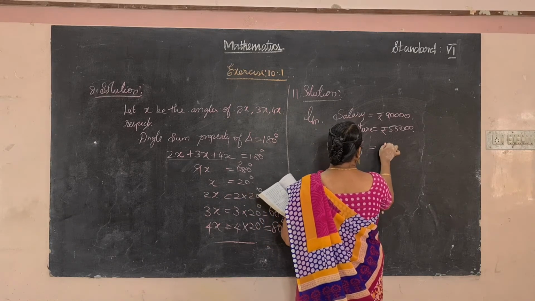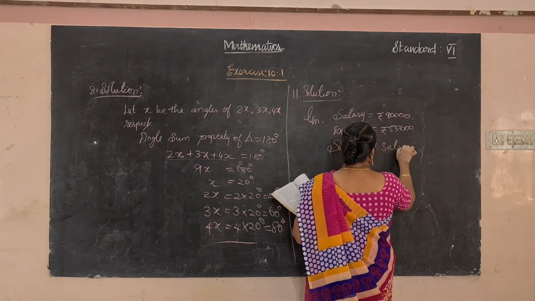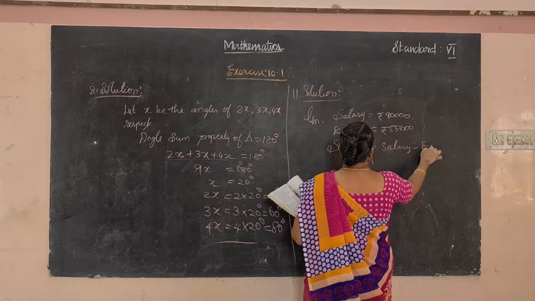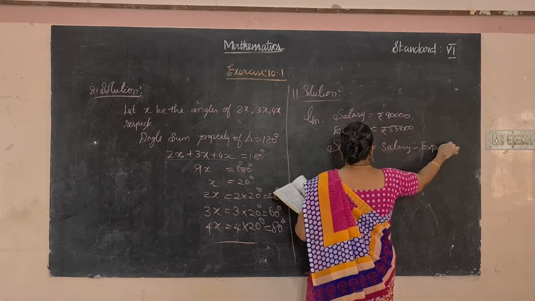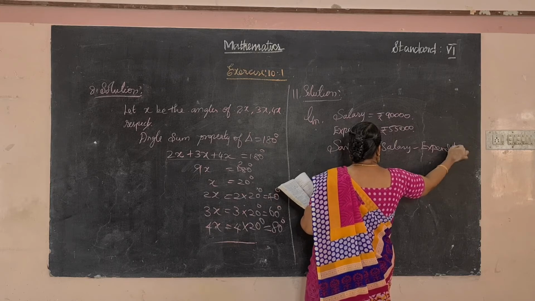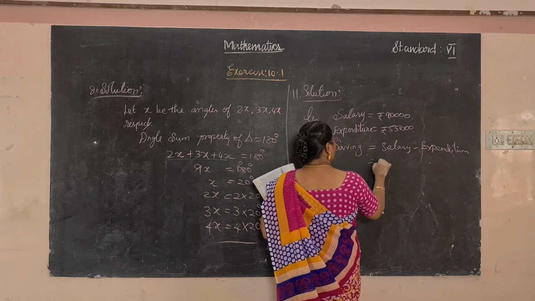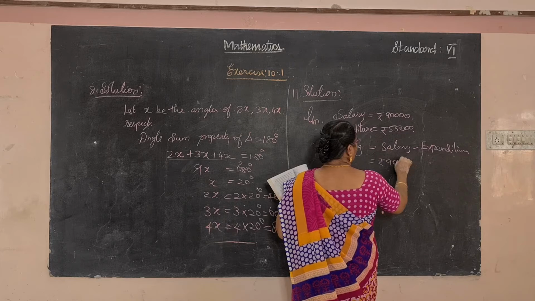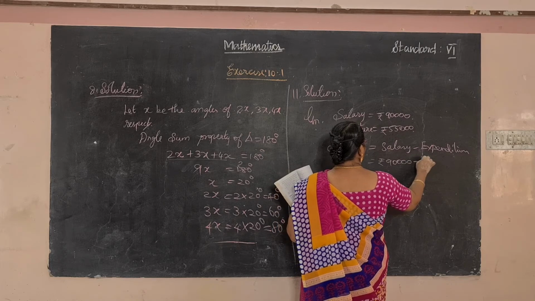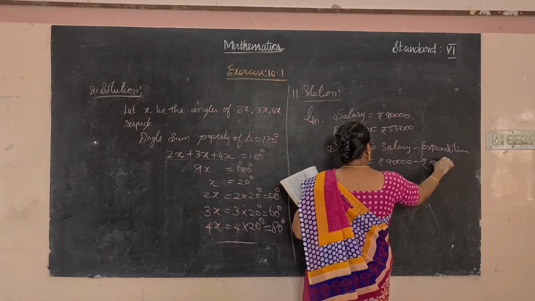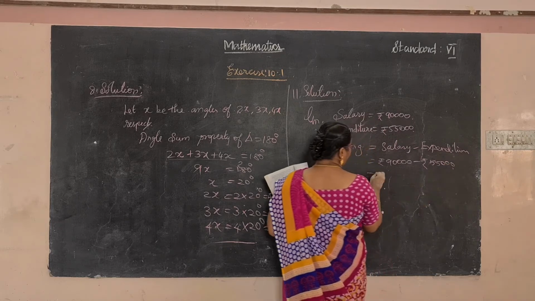Saving is equal to salary minus expenditure. So the salary is rupees 90,000 minus rupees 55,000.